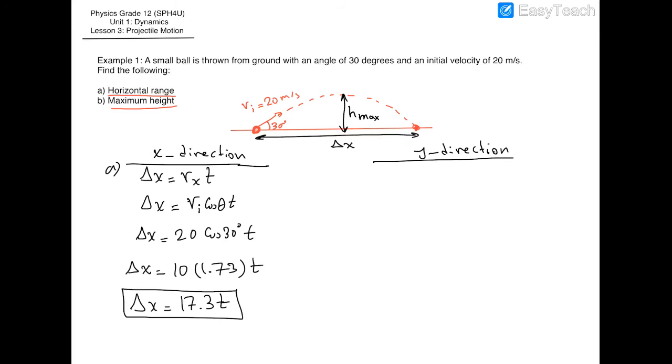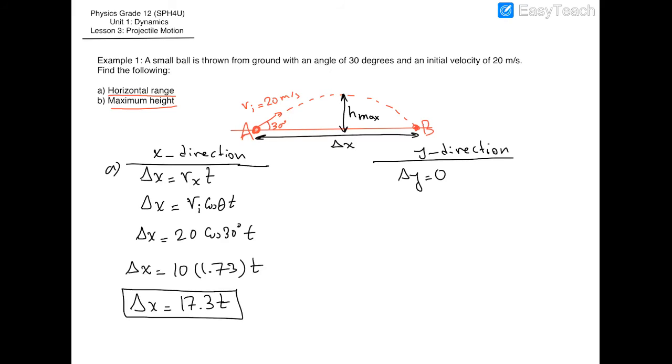Okay, so on the diagram, if I call the initial point A and the last point B, if I ask you from A to B, what is the vertical displacement? Because we're talking about the y direction. The vertical displacement, as you can see, is 0 because we started from the ground and we ended on the ground. So that means delta y is 0.